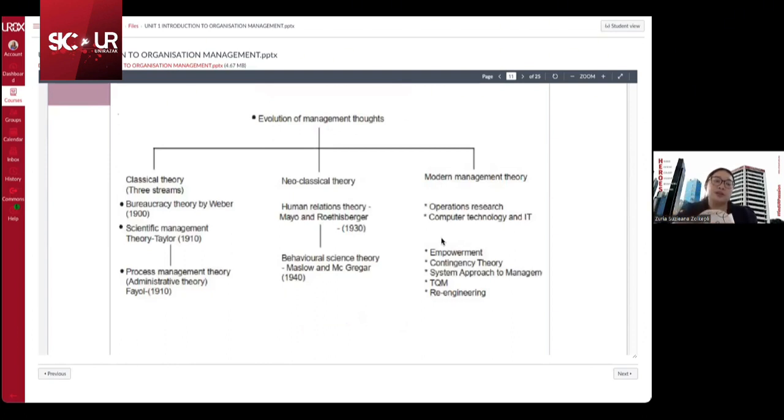Bureaucracy theory by Weber. Okay, this is very, very famous, in 1900.